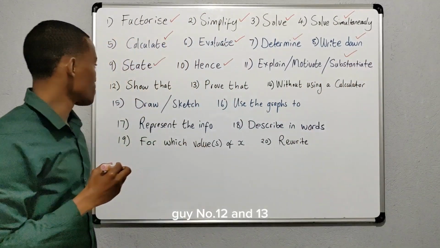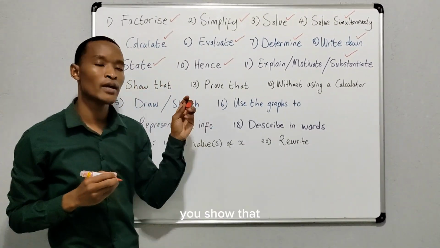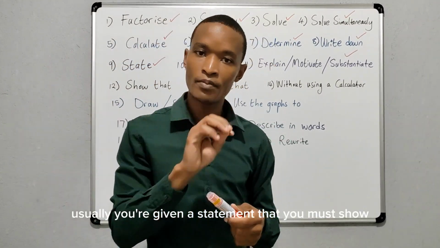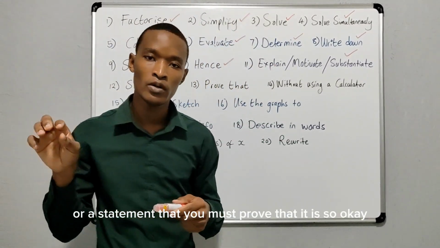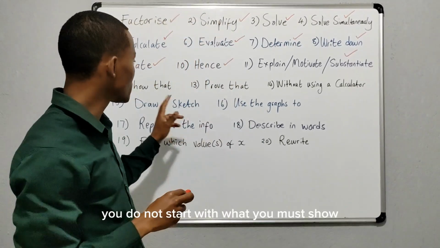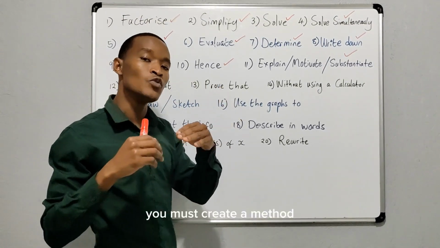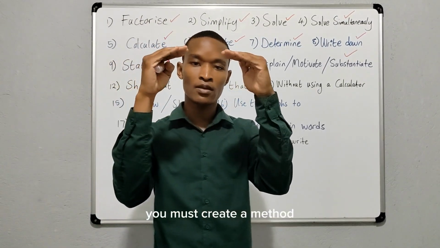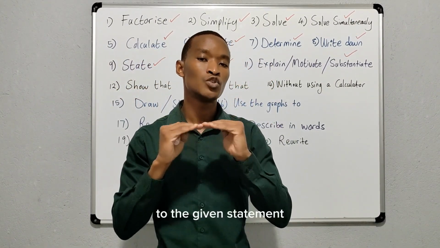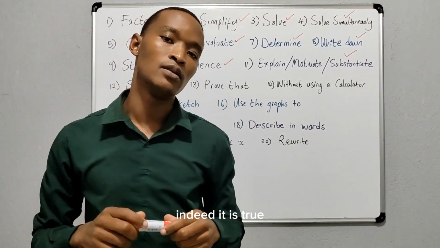Number 12 and 13, they are the same. You show that, you prove that. Usually, you're given a statement that you must show or a statement that you must prove that it is so. Okay, you do not start with what you must show or what you must prove. You must create a method and a process mathematically that will lead you finally to the given statement to show that indeed it is true.